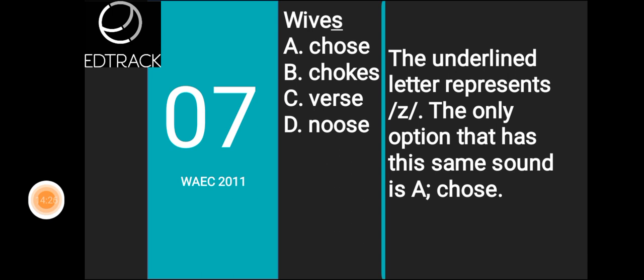From this pronunciation, it is discovered that only option A has the sound Z. So our correct answer is option A. Choose, wives, choose. Let's proceed.